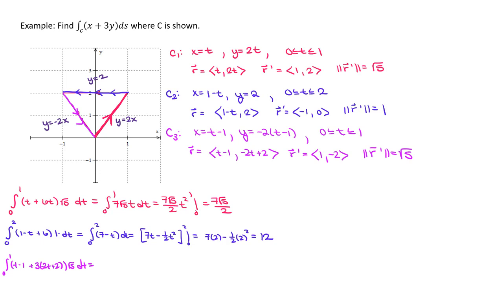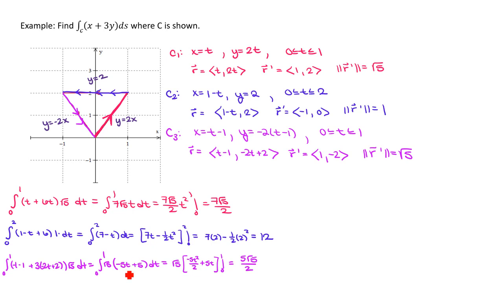See if I can fit it on the screen. That third pathway, I had my t values go from 0 to 1. So the integral goes from 0 to 1. I replace the x with t minus 1. Replace the y with negative 2t plus 2. And then the ds is root 5 dt. So I combined some like terms and distributed.